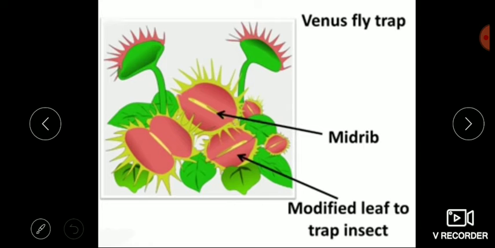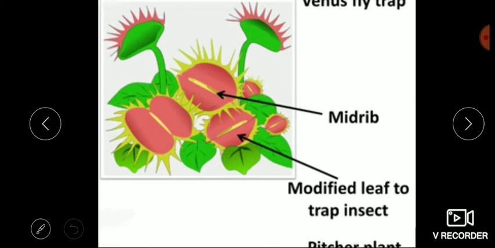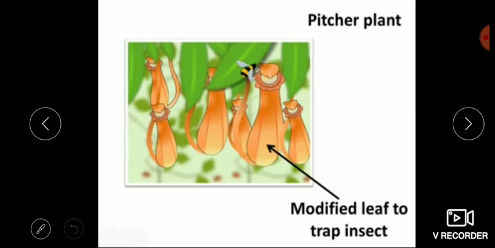Such plants are called insectivorous plants.